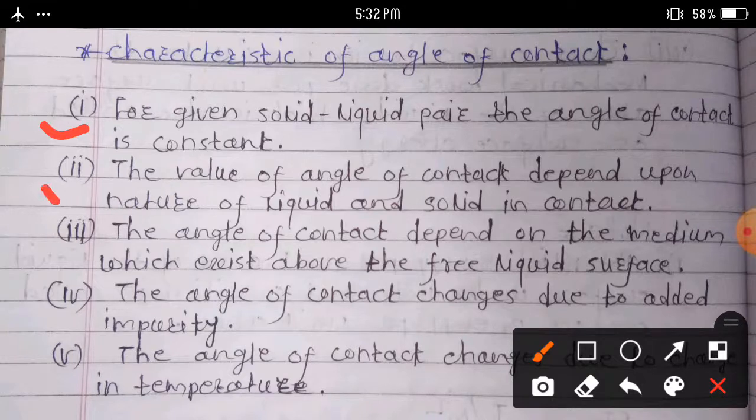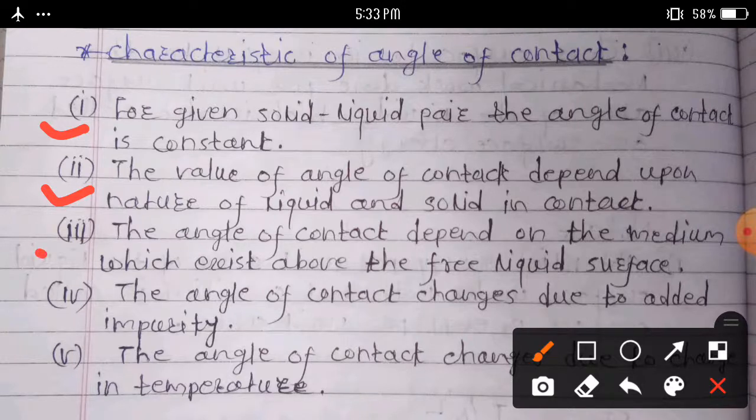Second characteristic: the value of the angle of contact depends upon the nature of the liquid and solid in contact.